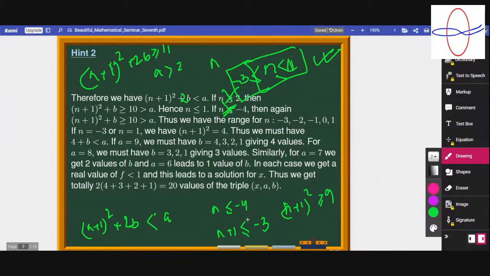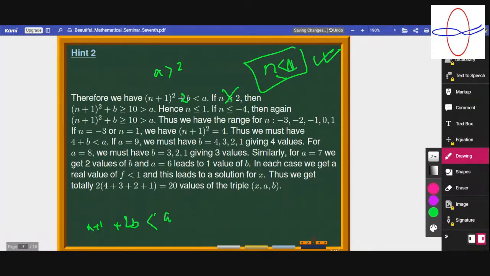Okay, guys? So therefore, we have got a range of n's, the possible values of n's, okay? The probable values of n.